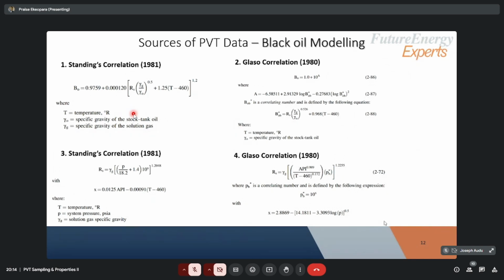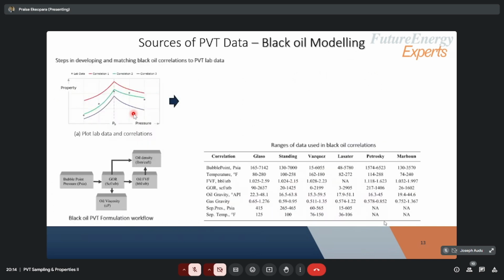Some of them were done in California with different reservoir formation, different reservoir fluid compositions and characteristics. So those correlations will definitely not perform well for our own case, right? That's why we need to modify them. We need to match those correlations to the data we have. And once we can achieve that matching, then we can trust that model for prediction.